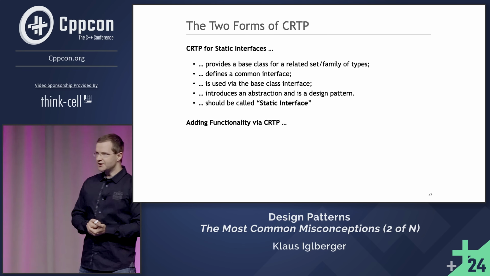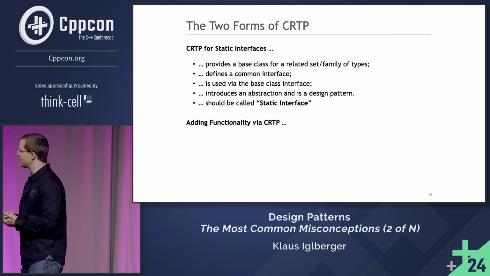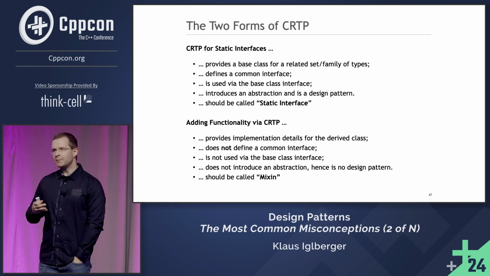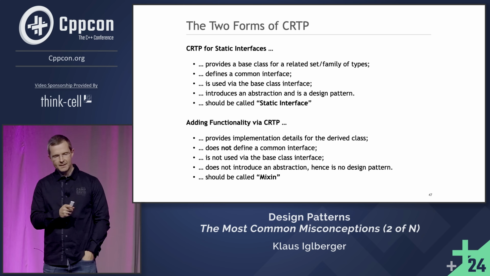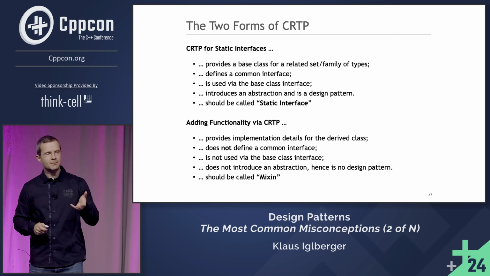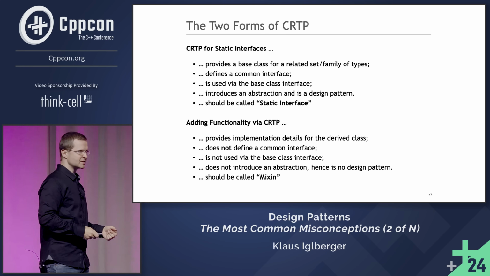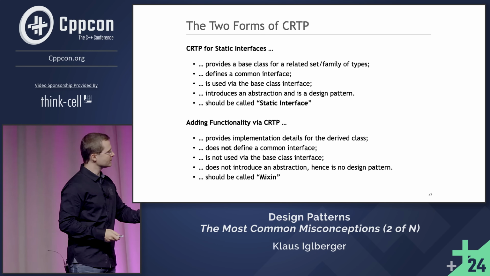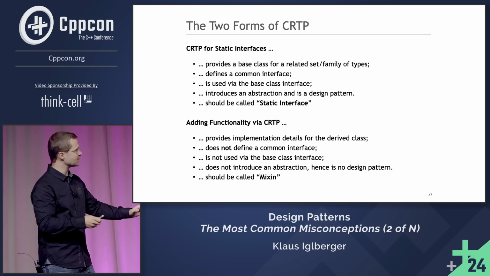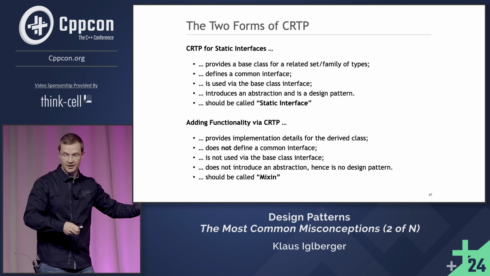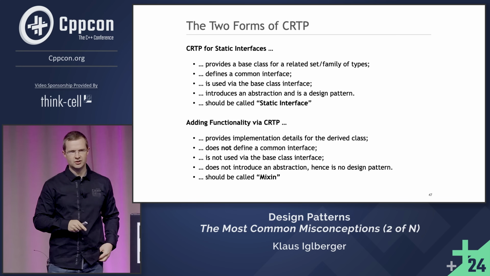If you want to add functionality, though, if you want to inject some function, some code into another class, it's a different application. So you create this base class as an implementation detail. This is not a common interface. This is not something that defines what operations are always available for a family of types. And so you also don't use it via the base interface. So you do not introduce an abstraction.